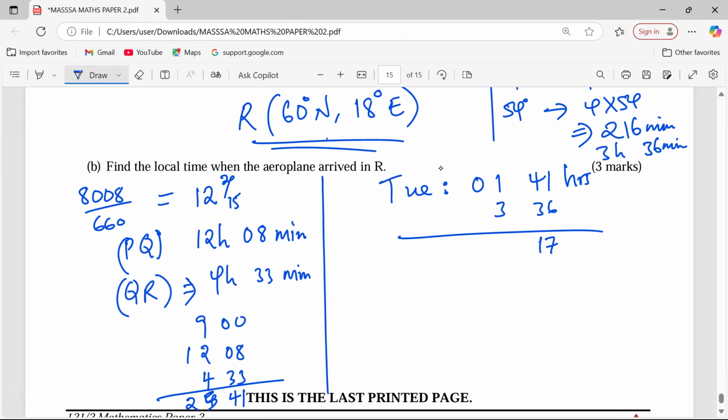The 1 hour will be carried, so that we have 05:17 hours on Tuesday as the arrival time, which is 5:17 a.m. I hope that one is properly calculated. Yeah, properly calculated that way.